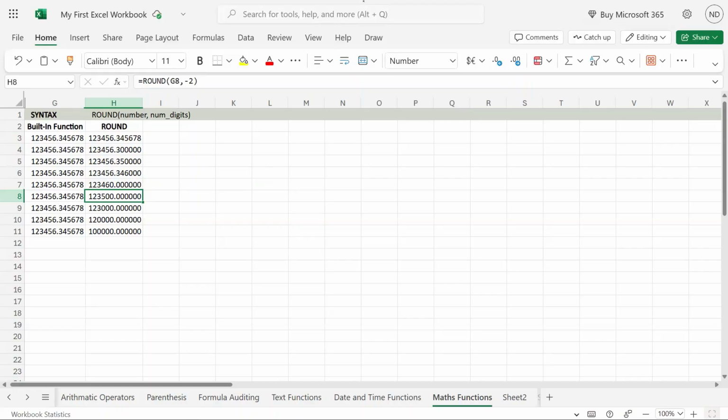And if it is a positive number, then it would be on the right of the decimal point. And lastly, if the rounding up is somewhere above 0.5, then the number that is getting rounded up would get increased by 1. That would be true for the decimal numbers as well as the integer number.